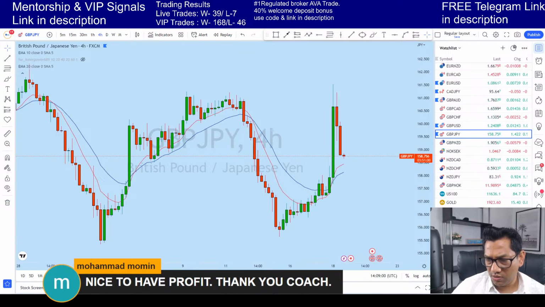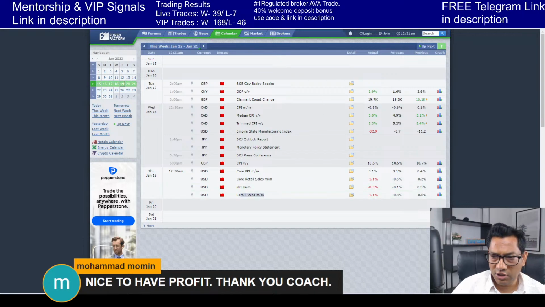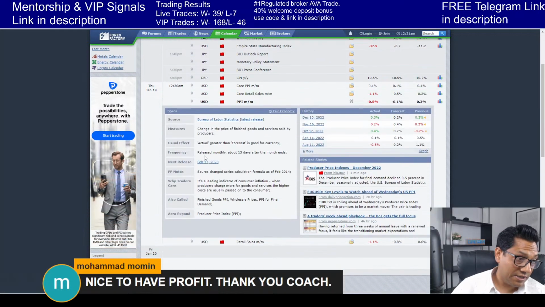PPI lower, not that way. Basically, instead of thinking in terms of inflation, for example, you click on this one and see what it says, how it will affect the currency.